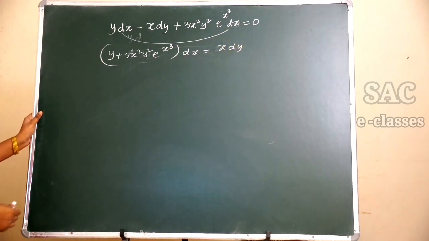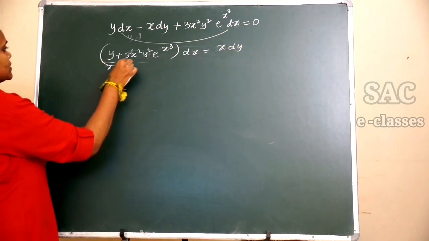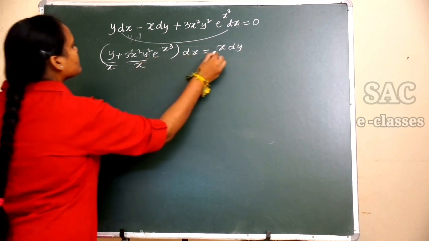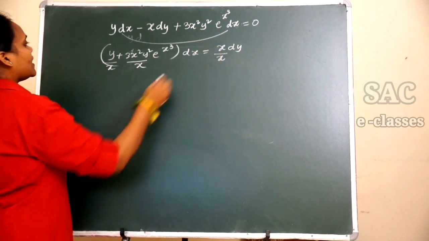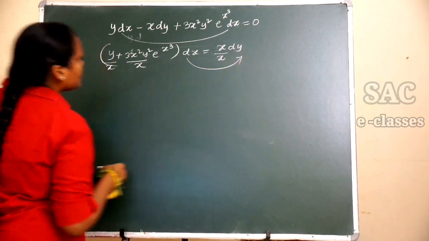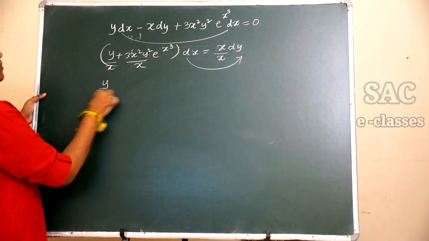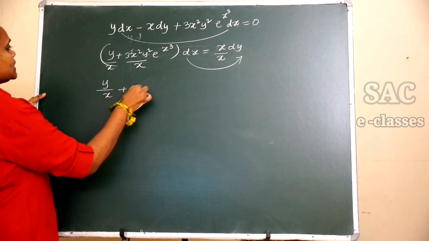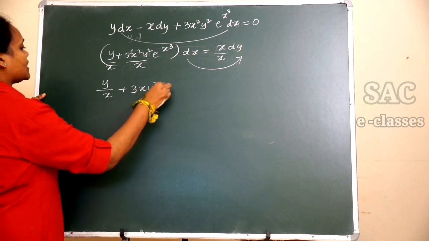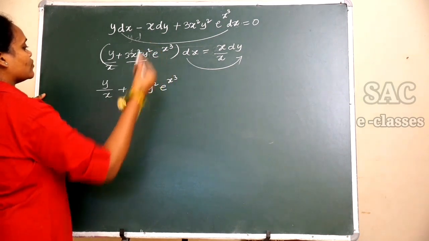So what I am going to do is divide with x, and I am transposing this dx to the other side. Then dy by dx is equal to y by x plus 3x y square e power x cube.